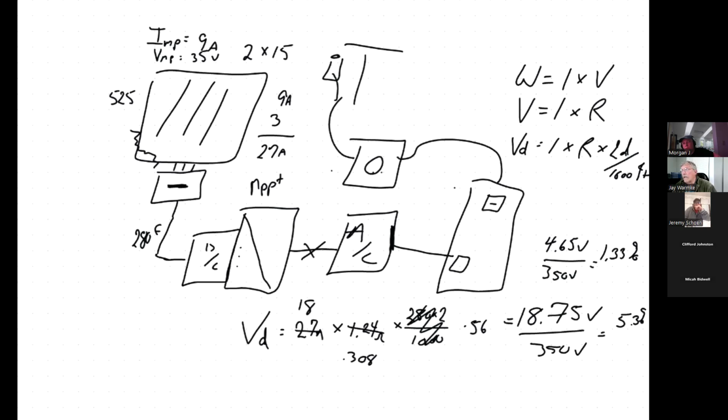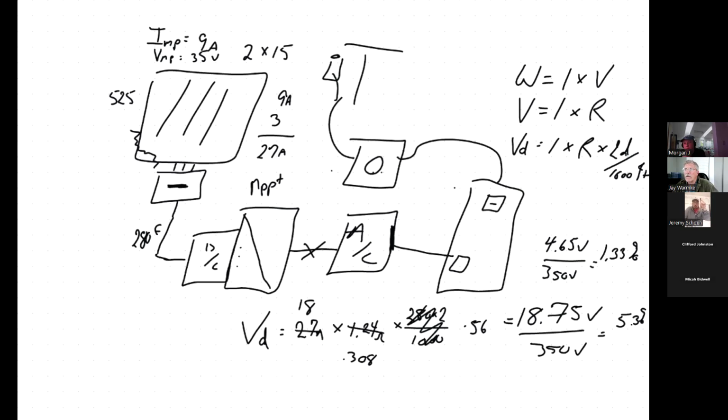So I saved $40 there. I saved on the wire size too. So pushing it up as close to 600 volts as possible is going to save you some money. It also reduces the impact of voltage drop, which allows us to get by with smaller wire. So it's always a bit of a balancing act.